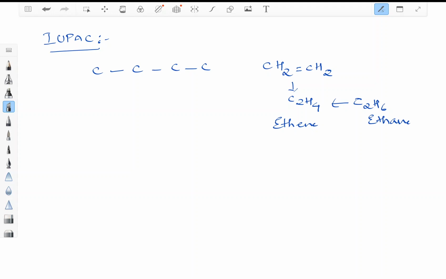So what is the difference here from ethane? What is removed is ANE, and what is added here is ENE. So ethane will lose ANE and will add ENE, then the name is ethene.